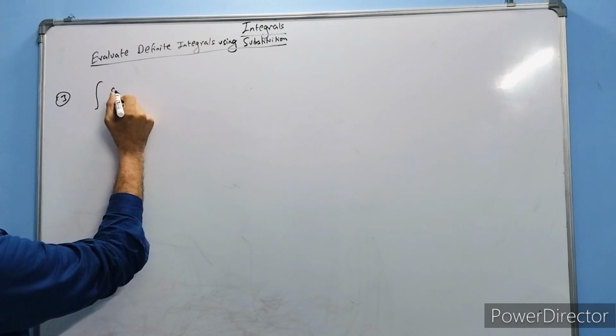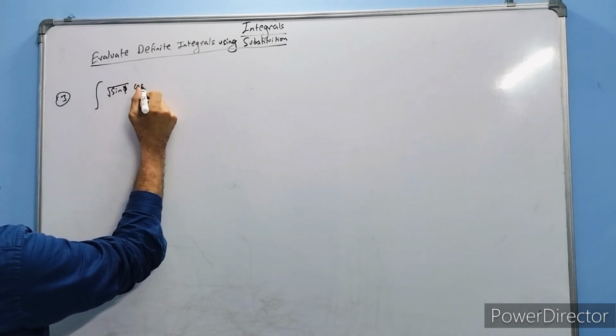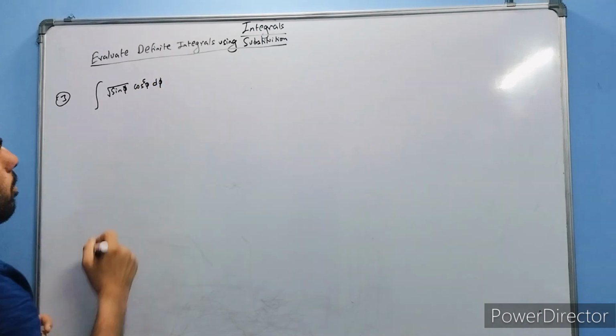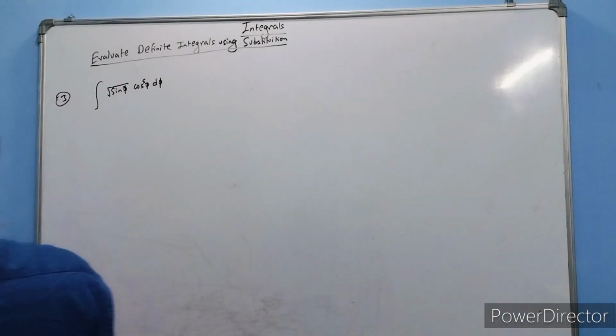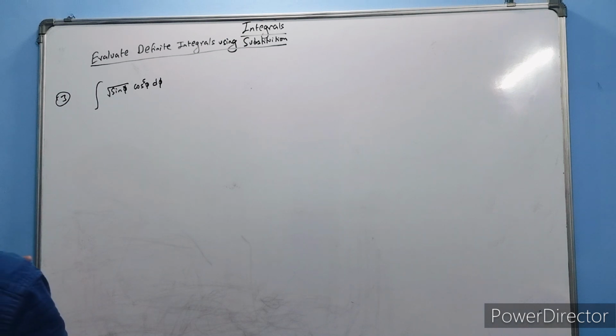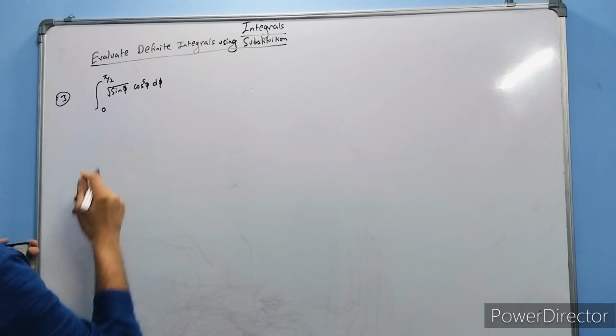Now they have given sin phi, we have cos phi d phi. Okay, this is the question we have, and now let us try to solve this numerical. They have given the limits 0 to pi by 2.